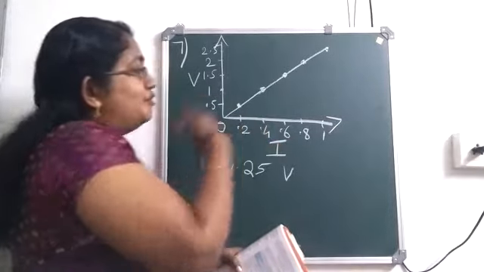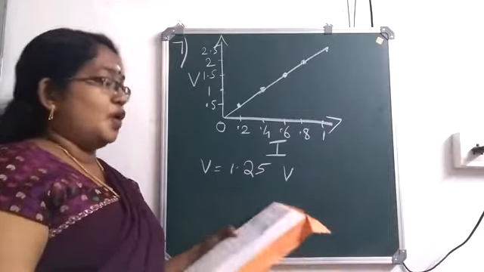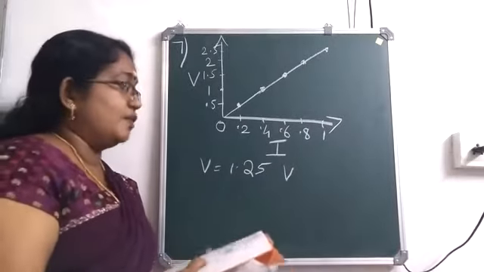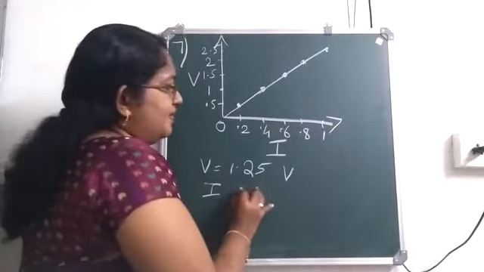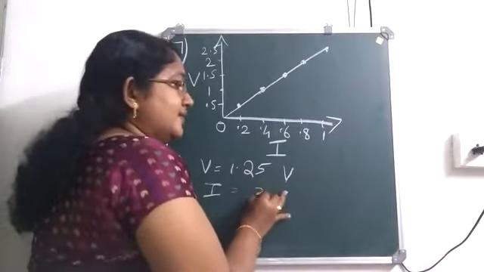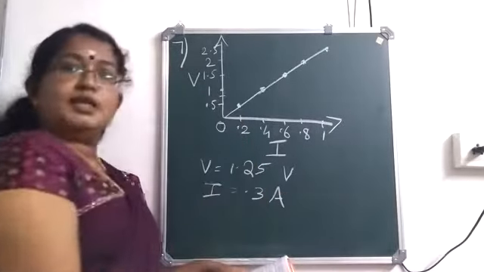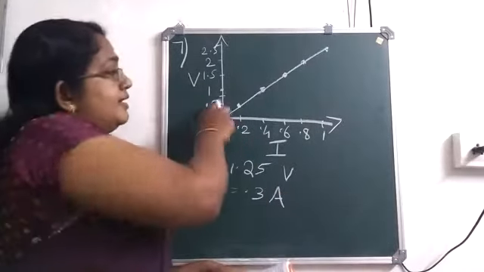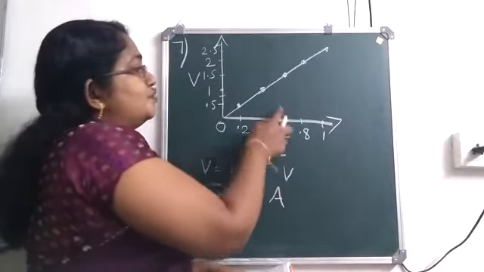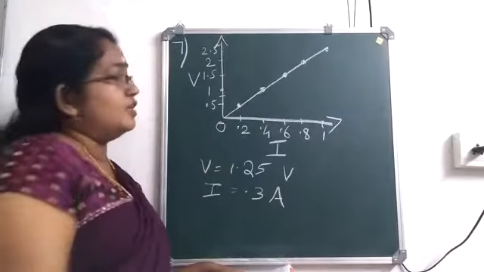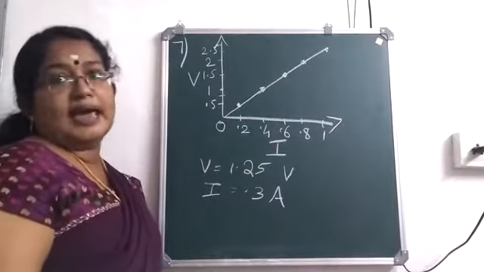For 1, 0.4 is the current. So, what will be the current corresponding to 0.75? It will be equal to, between 0.2 and 0.4 we have 0.3. Isn't it? 0.75 comes between 0.5 and 1. Corresponding to 0.5 it is 0.2 ampere. Corresponding to 1 it is 0.4 ampere. So for 0.75 the current will be 0.3 ampere.